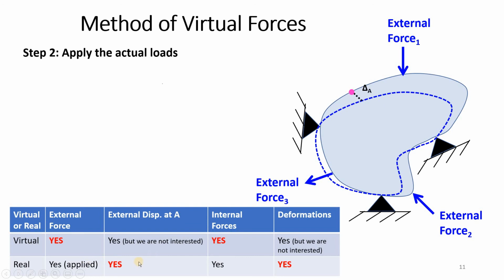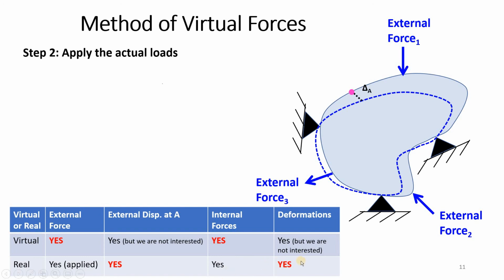And then there will be some external displacement produced all around the boundary, and we are specifically interested in the external displacement at A. We could represent it by delta A if we like, but it's better to just say external displacement at A.